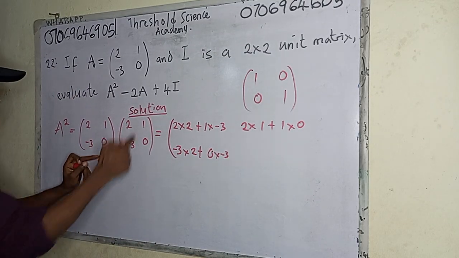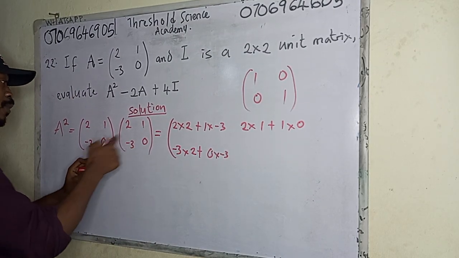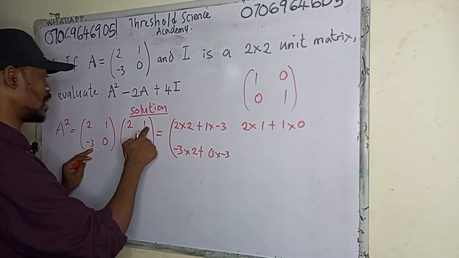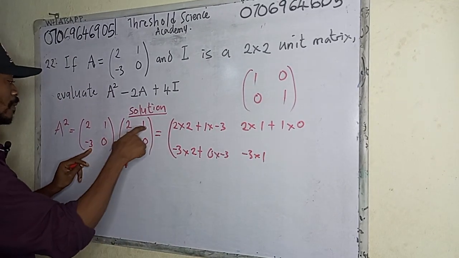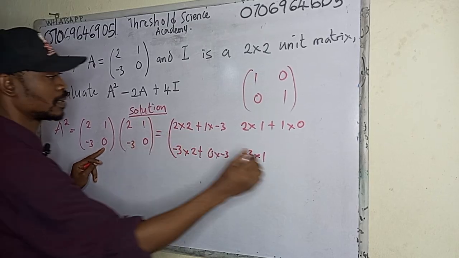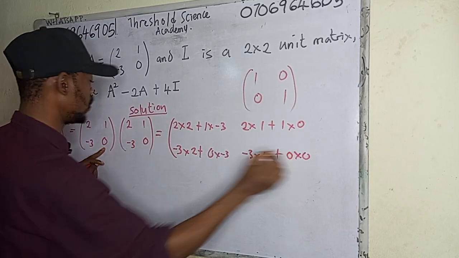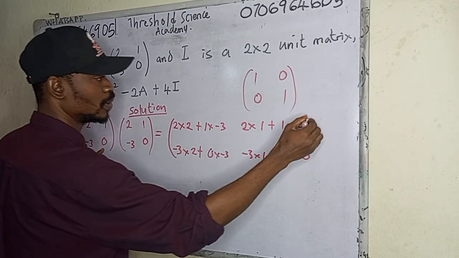Then second row, second column: minus 3 times 1, and then plus 0 times 0. So I'm done.